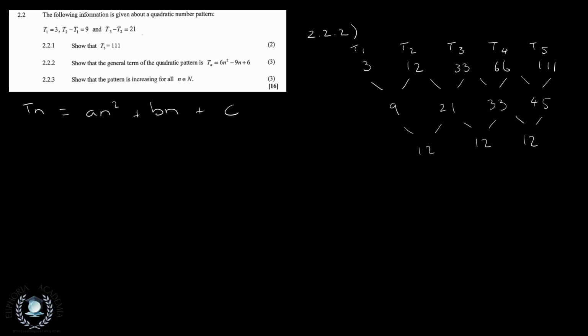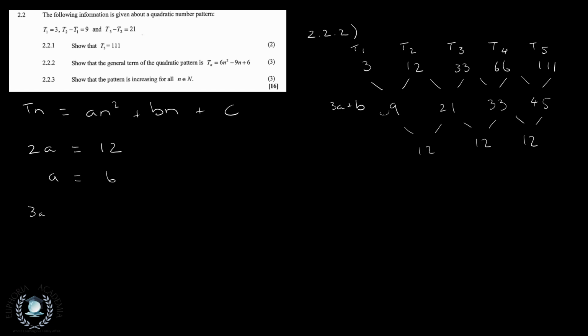Alright, so we already know that our 2a is equal to our second common difference. So in this case, 2a is equal to 12, which means that a is equal to 6. Now if we go up, we know that this guy over here is equal to 3a plus b.